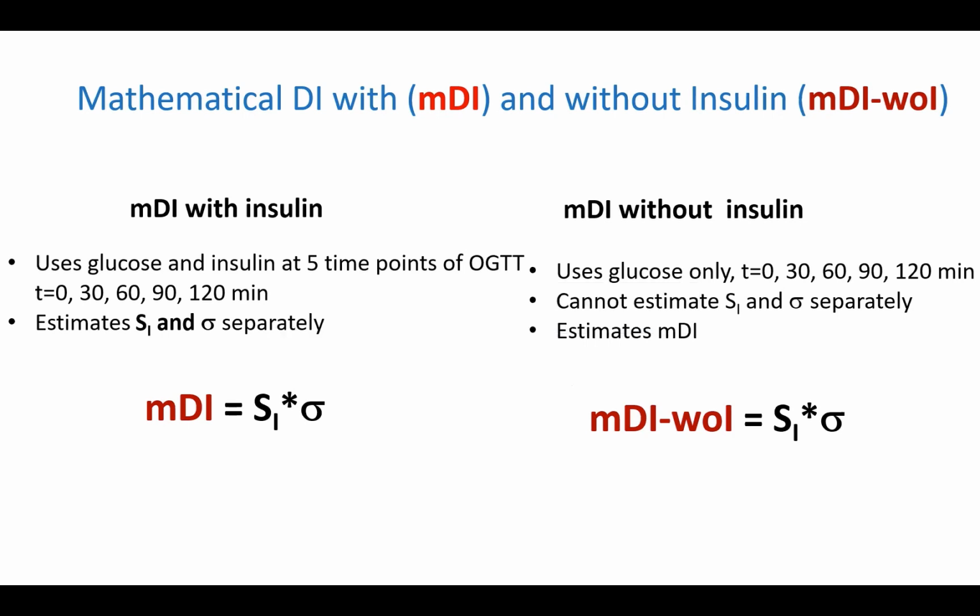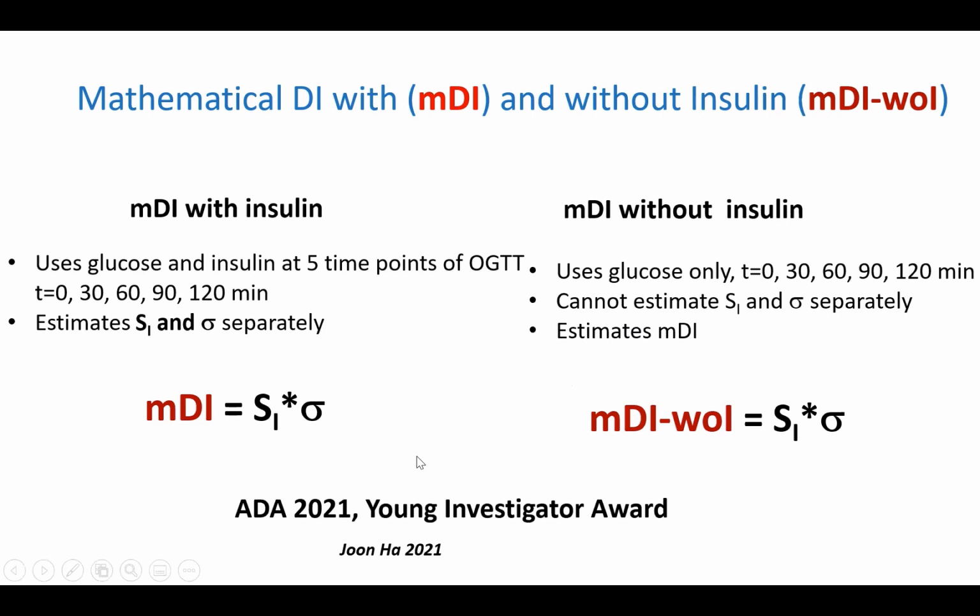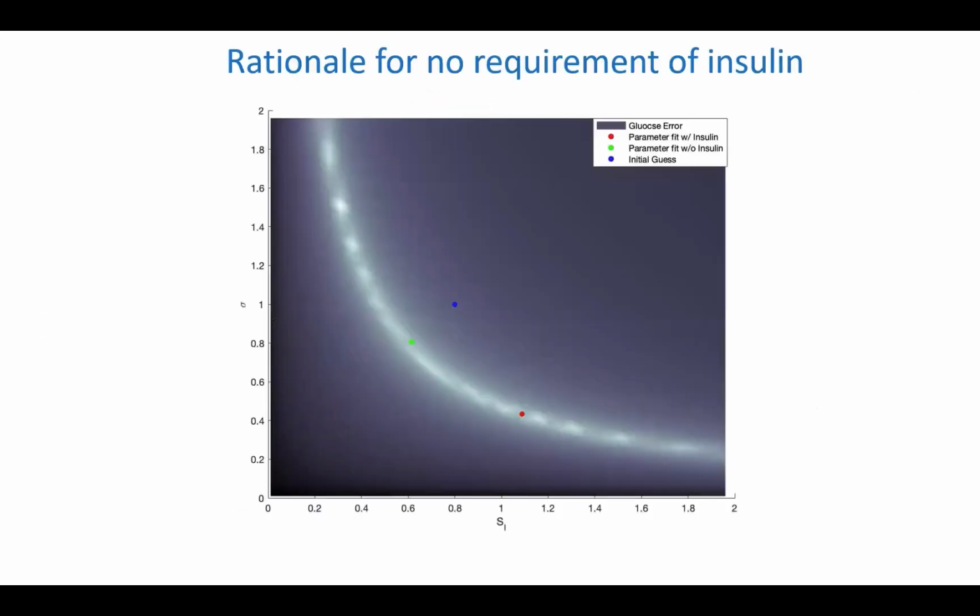Let me show why this works. This work was awarded the Young Investigator Award at ADA. I'm going to show the rationale for why we don't need insulin, with a picture rather than heavy mathematics. The x-axis is SI, the y-axis is sigma, beta cell function, the actual DI plane.